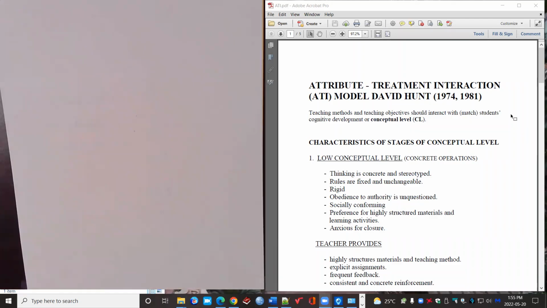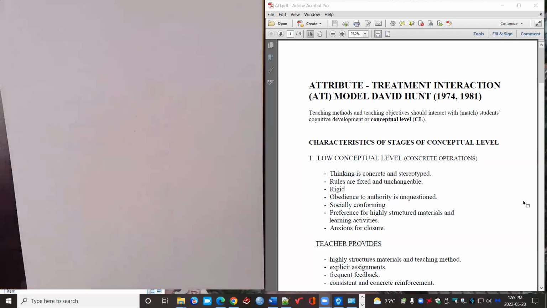Okay, conceptual level is not a permanent classification. It is the current preferred style of learning. Now, here you see later on we have low CL, then medium and high CL, that type of thing, right?